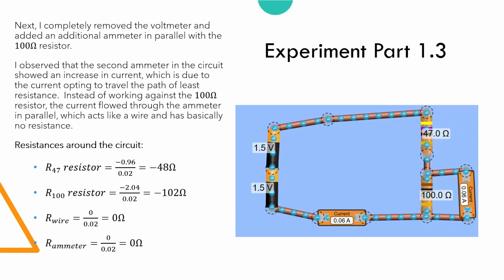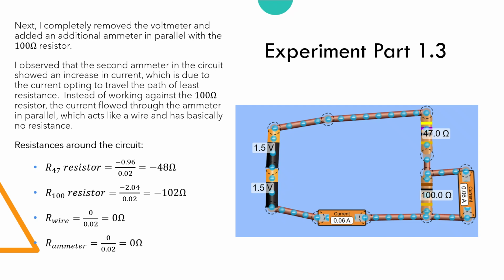For the next part of the experiment, I added a second ammeter in parallel with our 100 ohm resistor. And once I added that, I observed that both of the ammeters read 0.06 amps as opposed to the 0.02 amps from previously. And this is likely due to the current choosing to travel the path of least resistance.